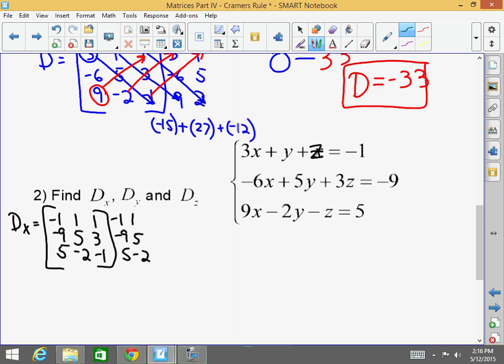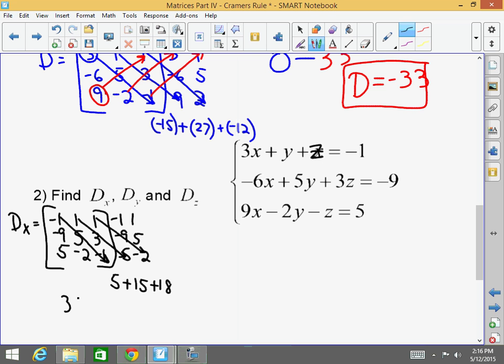Okay, so negative 1 times 5 times negative 1 is positive 5, plus 1 times 3 times 5 is 15, plus positive 18. So that's 20, that's 38.